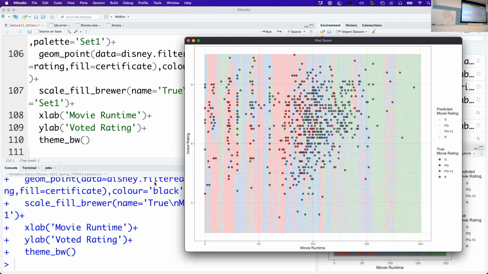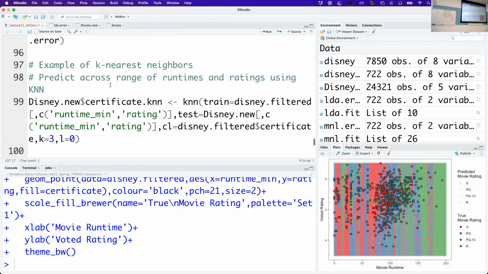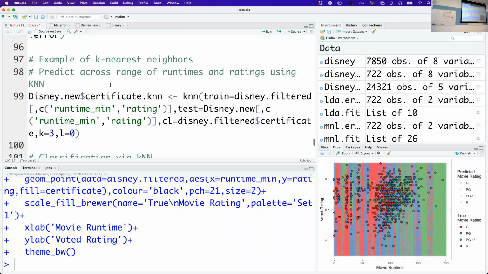I don't actually have this pre-set up, but let me do the error rate really quick. The test would just be the same thing, I guess.